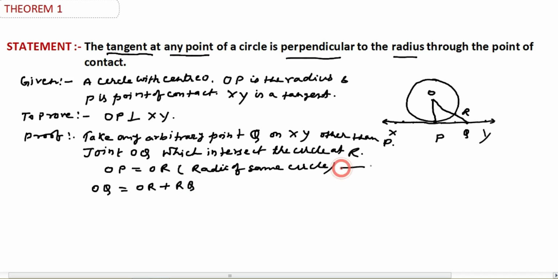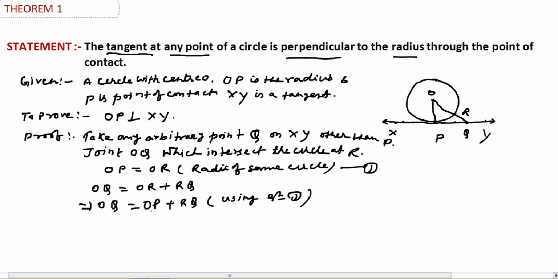Mark this equation number 1. Then we can easily write that OQ is equal to, instead of OR, OP plus RQ, using equation number 1.